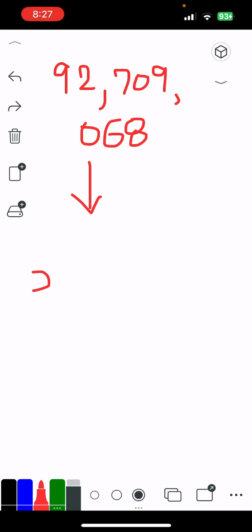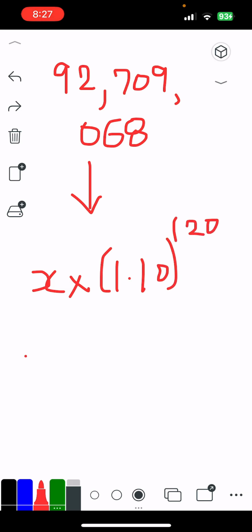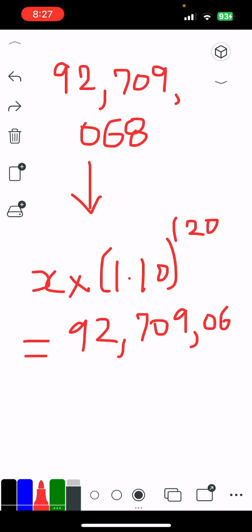So we know that x times 1.10, all raised to 120, will give me this figure, 92,709,068. To figure out x, I simply rearrange the equation.